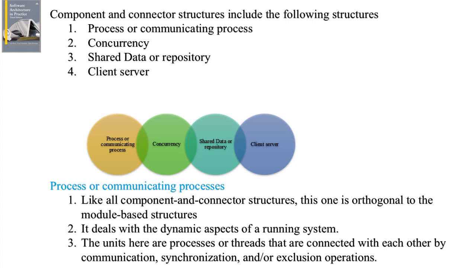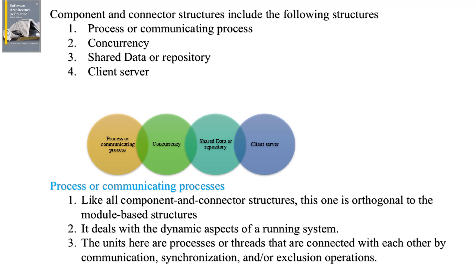By the name itself, we can understand that these kinds of structures are going to be used as the connection between elements. Communicating process means what? There are some processes, and among those processes there is communication: either they can send information or they can receive information. We are going to see them one by one in detail.